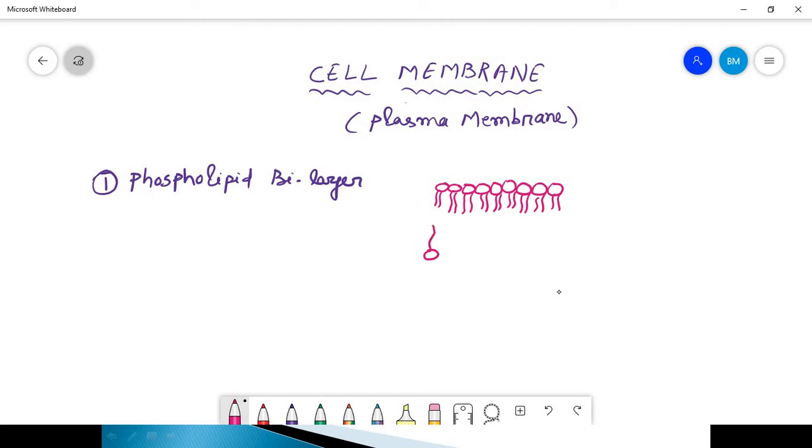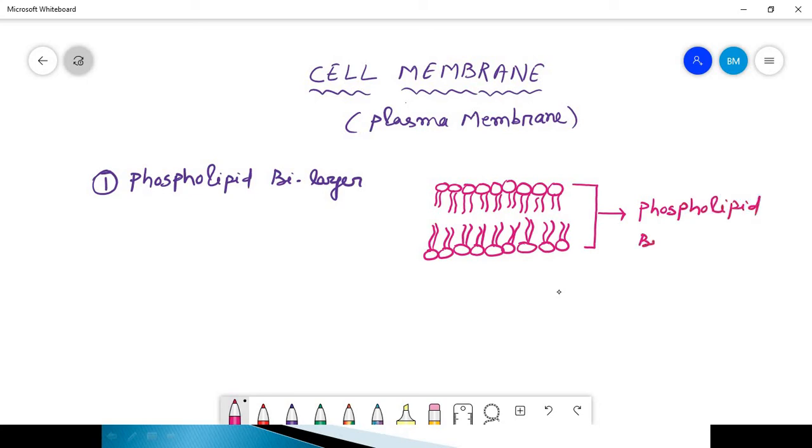And this is the other layer, and this is the phospholipid bilayer.